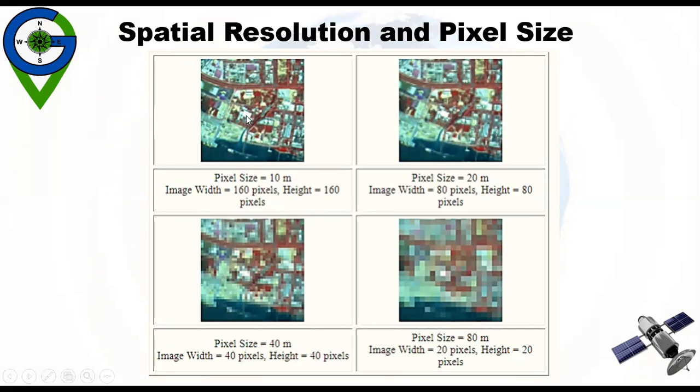The pixel size is 10 meters and the image width is 160 pixels. Here the pixel size is 20 meters and the image width is 80 pixels and the height is 80 pixels, and here the pixel size is 40 meters, meaning width and height are 40 pixels. And so is the case with the 80 meter pixels.